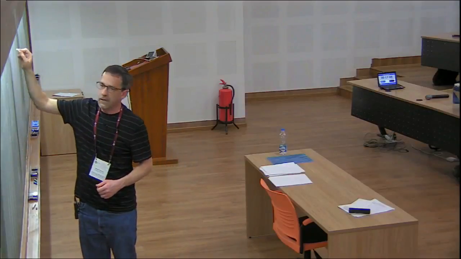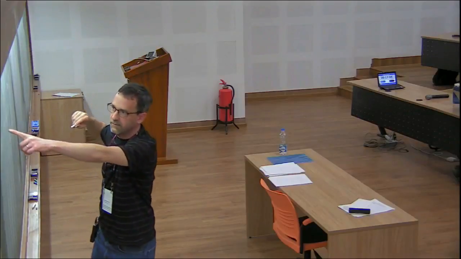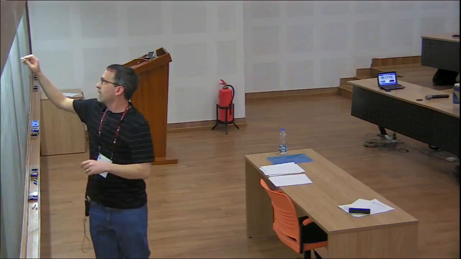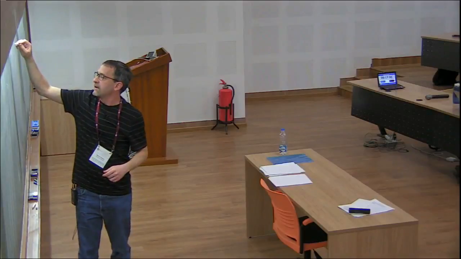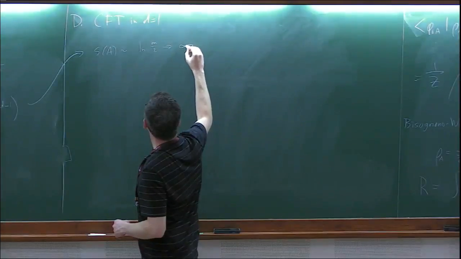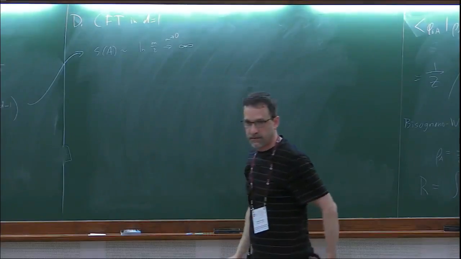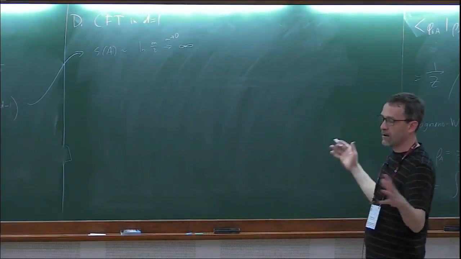There's no sigma because there's no other x's. But this says that S of A should be log m over epsilon, which goes to infinity as we take m to 0, the massless limit. And so we have an IR divergence.